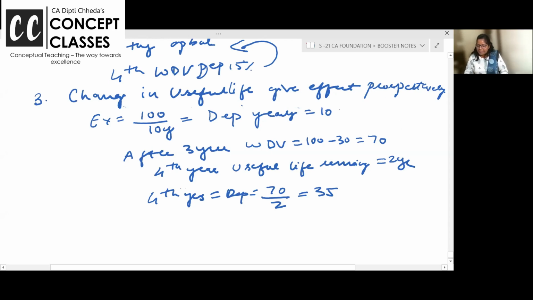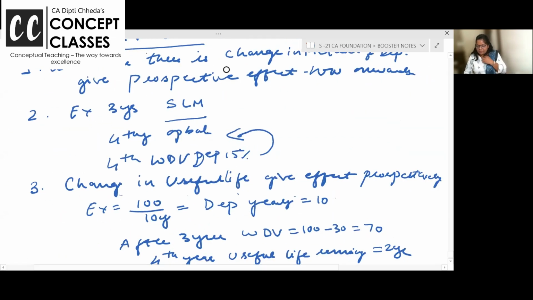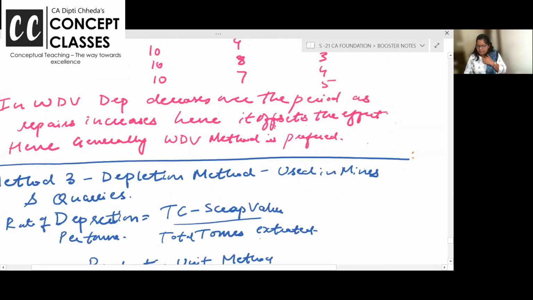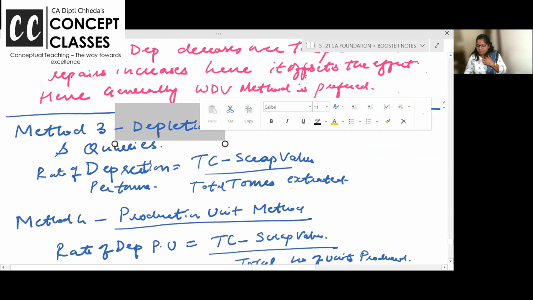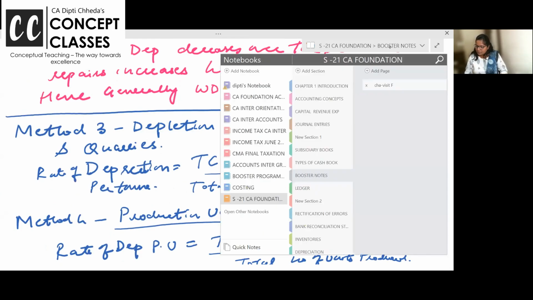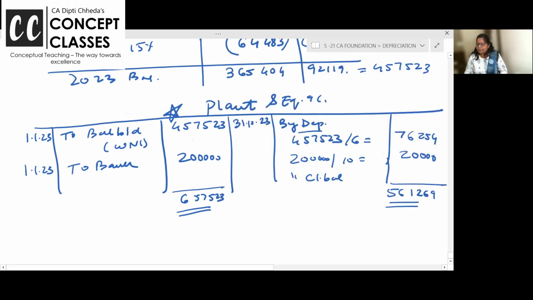In the Booster notes we have written the concept: if there is a change in method, what you should do; if there is a change in the useful life, what we should do. Let us go to the depreciation chapter.